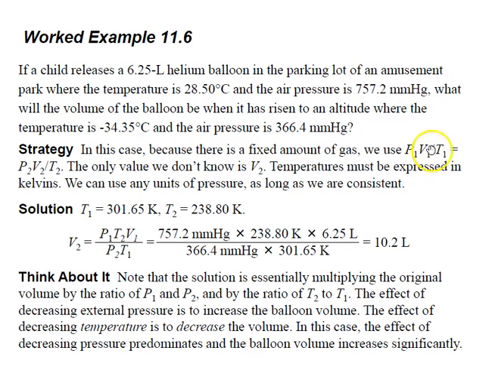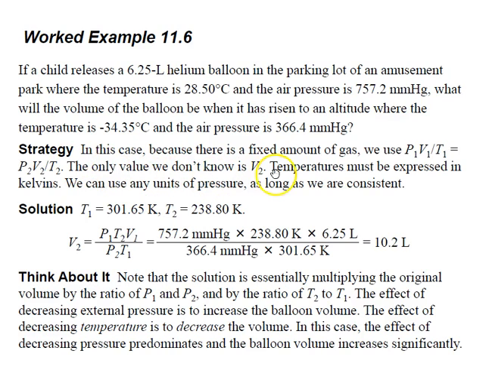If volume increases, then temperature increases, and so forth. If you want to convince yourself of that, you can just put in some numbers, like 1s and 2s and 3s, and do the same thing over here, and solve for one, and see what happens when you increase and decrease each one. But anyways, to not get off track, let's go back to this problem.